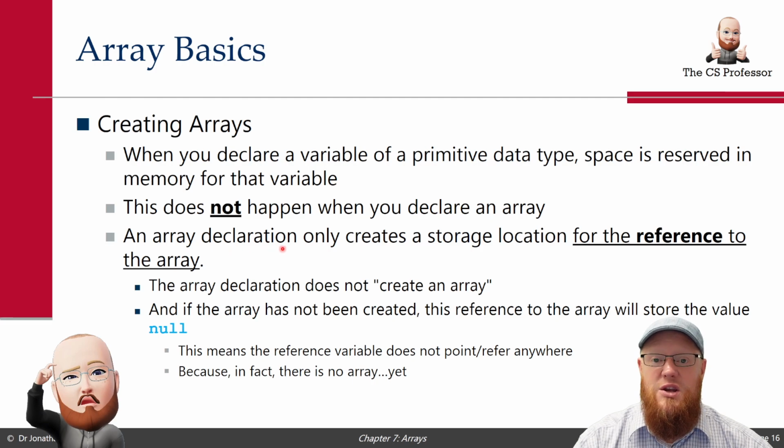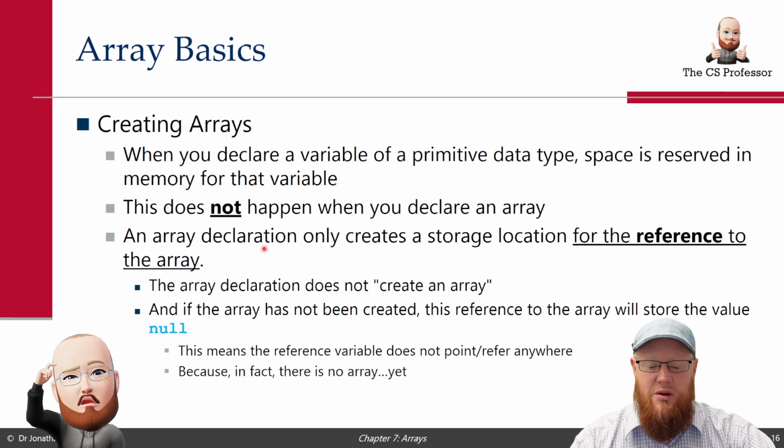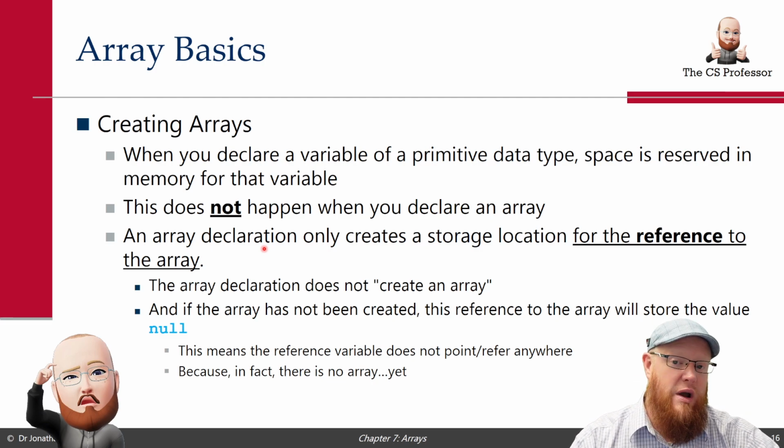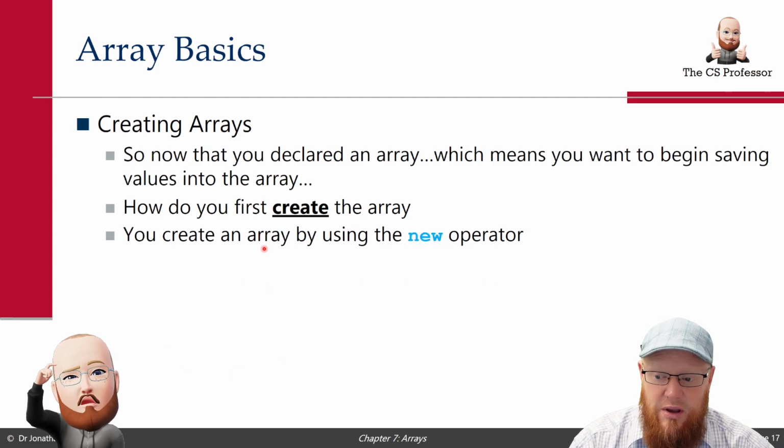An array declaration creates storage only for the reference to that array, but an array has not yet been created. And in fact, if an array has not yet been created, what is stored inside the array variable is simply the value null, meaning that this array variable does not yet point anywhere. It does not store inside it the address of where that array can be found in memory yet, because we have not created the array.